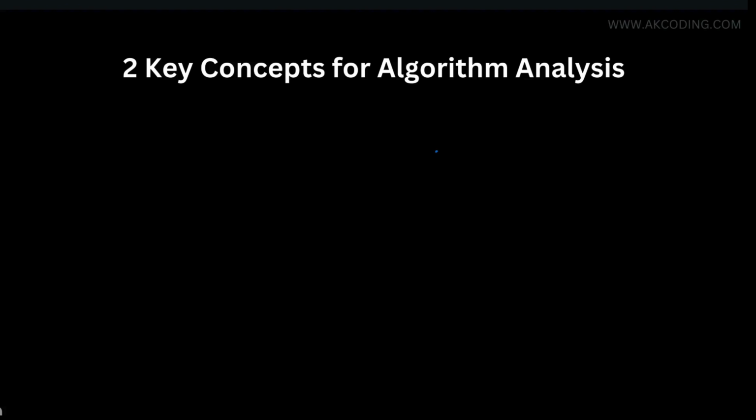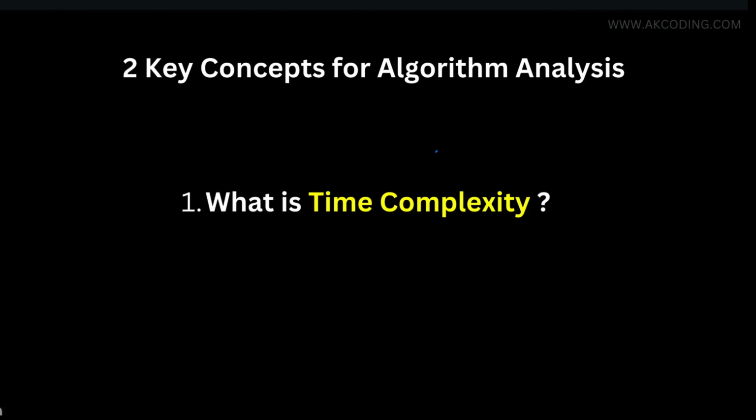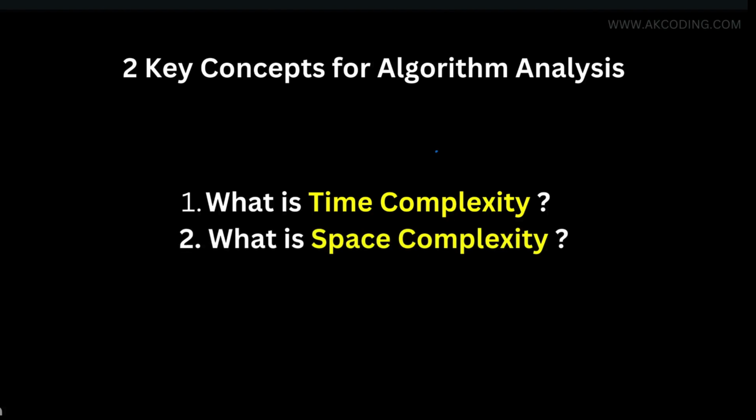There are two key concepts for algorithm analysis. Number one, time complexity, and number two, space complexity. In computer science, there are two terms used to analyze an algorithm, called time complexity and space complexity.